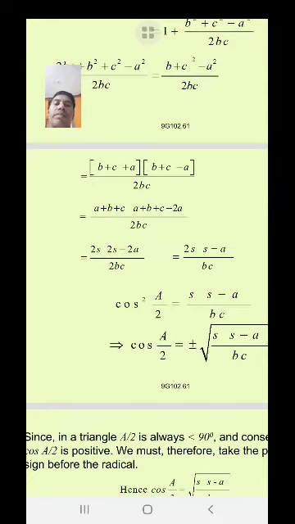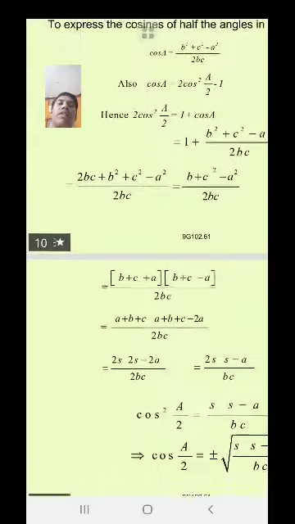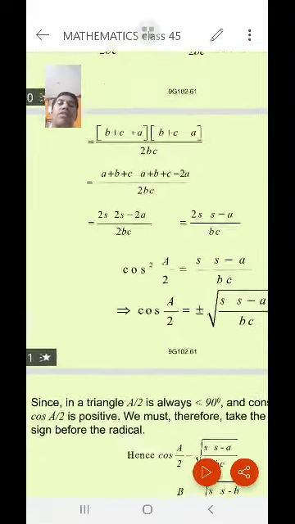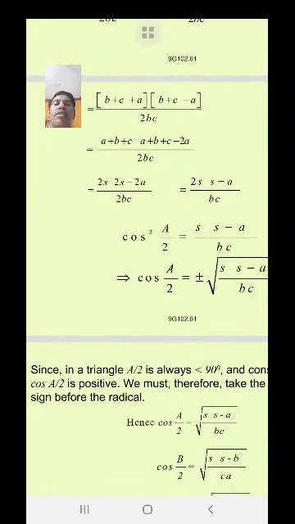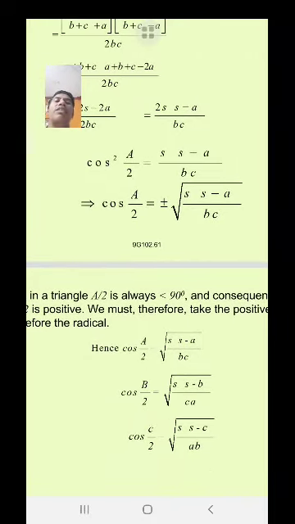And here, the left side is 2 cos square A by 2. So on the left side and right side we also have 2 into s. So 2 get cancelled. Then cos square A by 2 equals s into (s minus a) by bc.